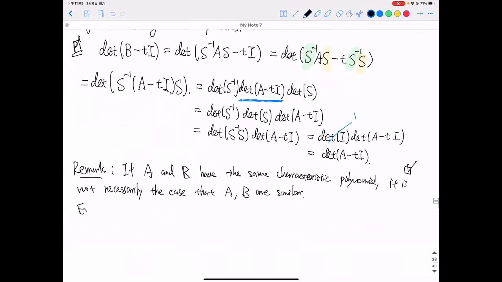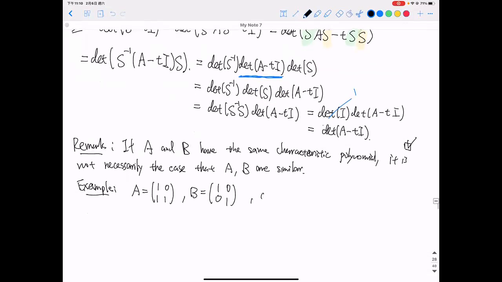For example, if you take A to be this upper triangular matrix, and B to be the diagonal matrix, right? Then both the determinant of A minus TI and the determinant of B minus TI are the same.